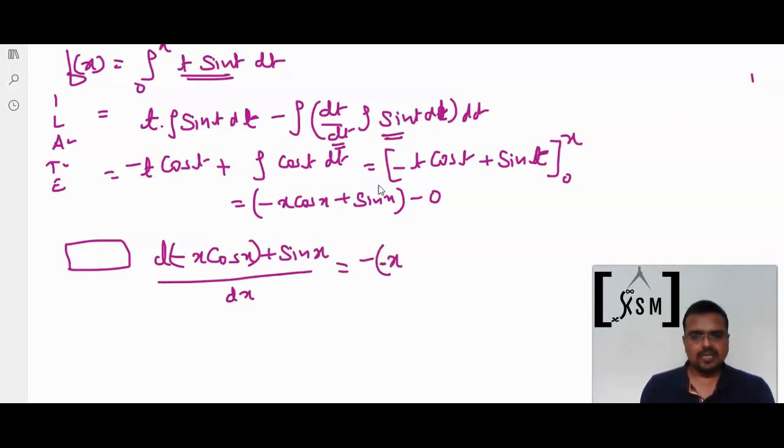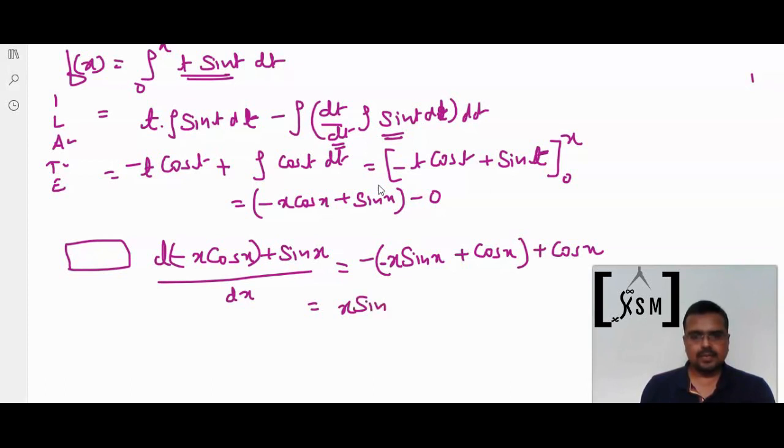So we are done with this product rule, plus cos x, right? When we break the bracket, we get x sin x plus cos x. So minus cos x plus cos x cancel, and we get x sin x.